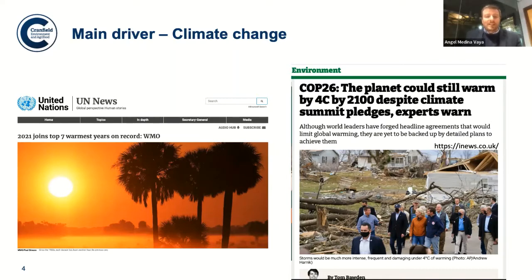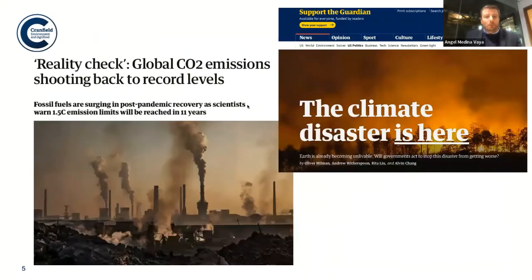Then we can see more and more reports everywhere in the news that, although of the pandemic, the global CO2 emissions are shooting back to record levels, and people were expecting them to be lower because of the decrease in economic activity, but no. The Guardian has raised the climate crisis here in the UK with some phenomena that we haven't seen.